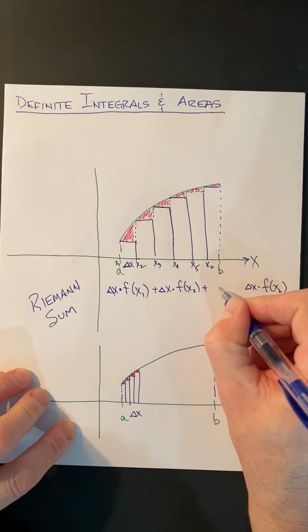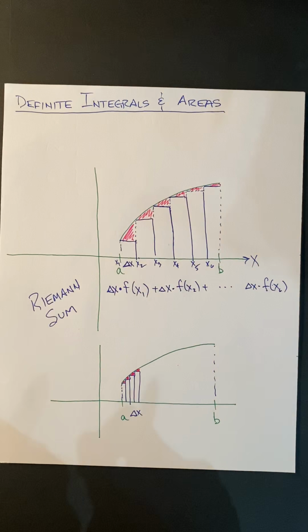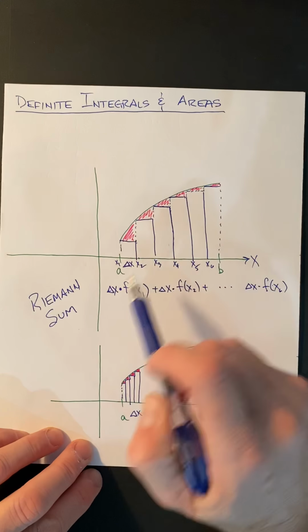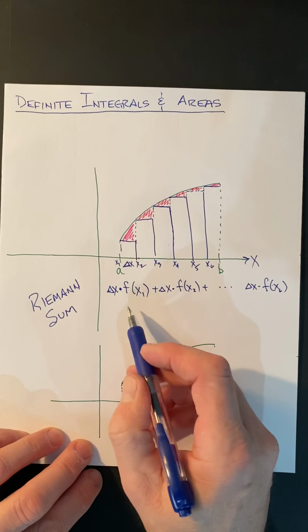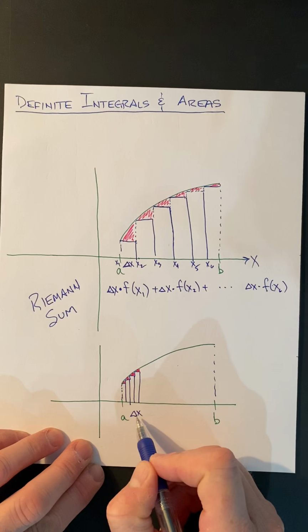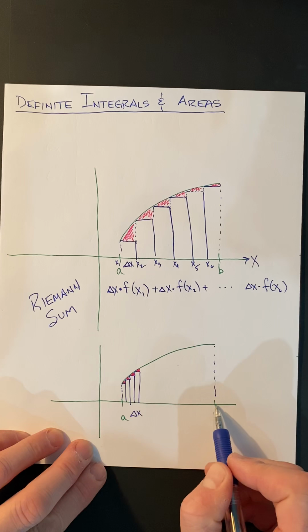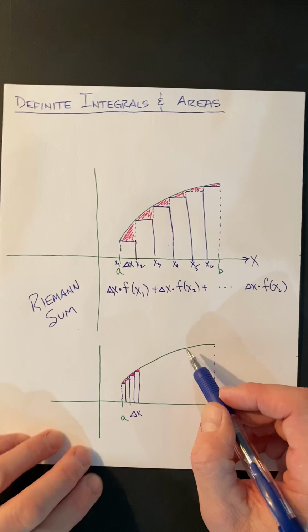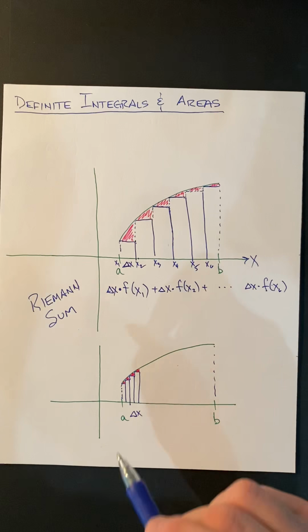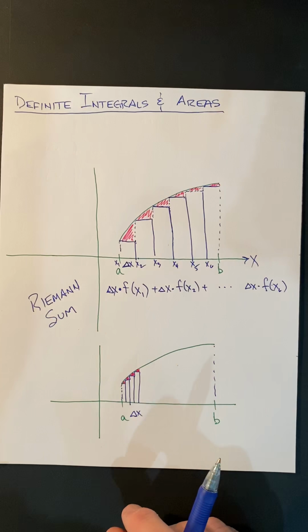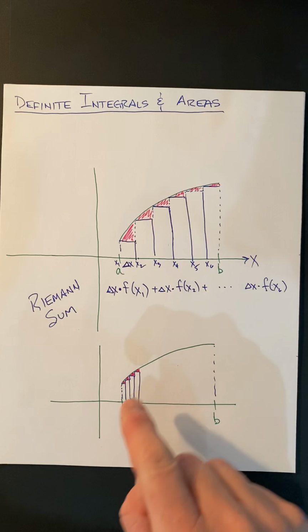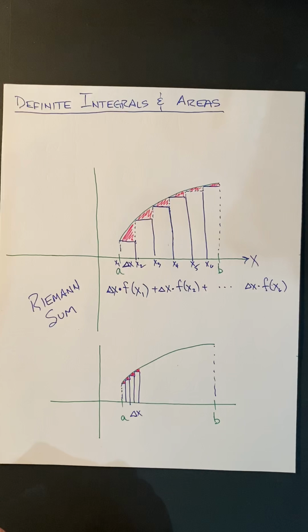So this here, if I were to do that, would allow me to get this estimate of area. Again, estimate, okay? If I make the change in x smaller, I'm going to have many, many more individual areas to add up, but I'm going to get much, much closer to that actual area underneath that curve, okay? And, you know, that truly is what I'm looking for. Every bit of the area underneath the curve, okay?